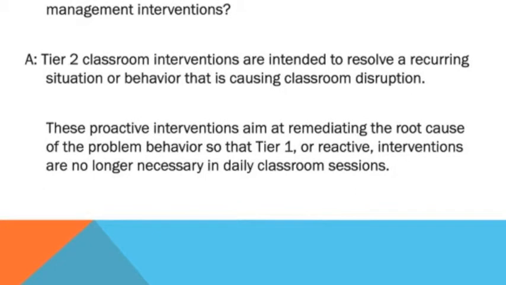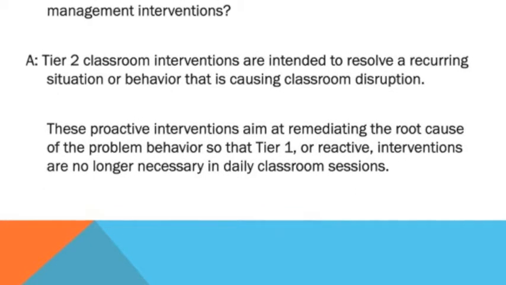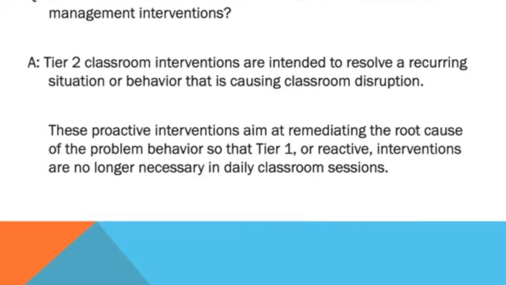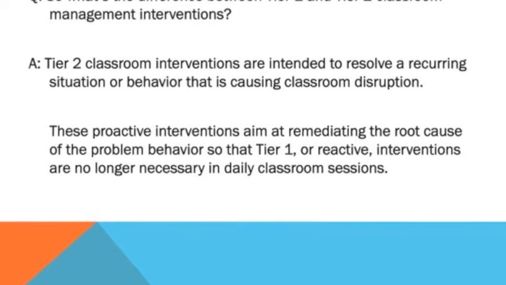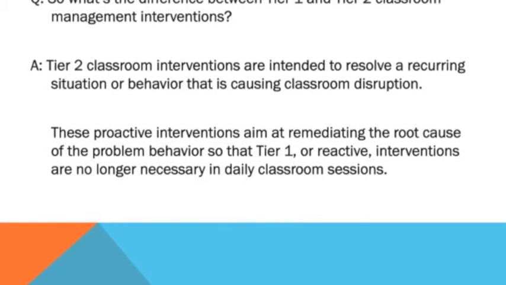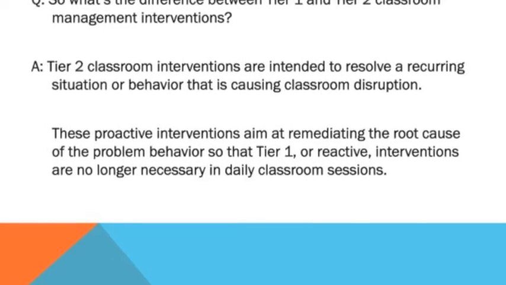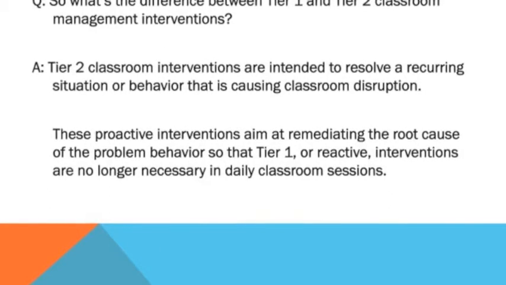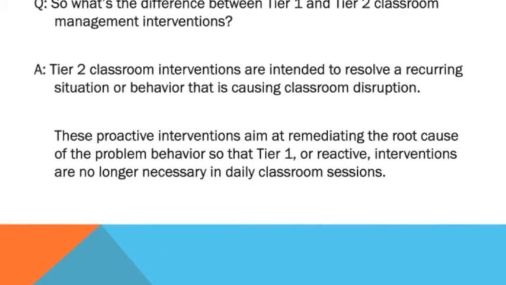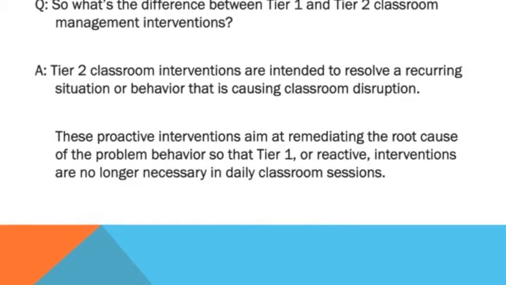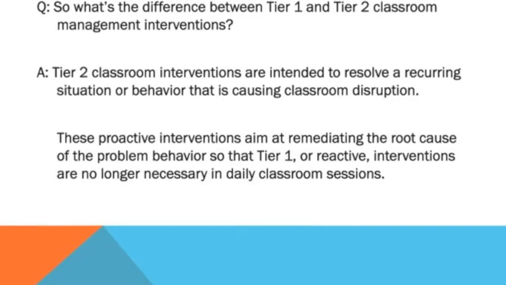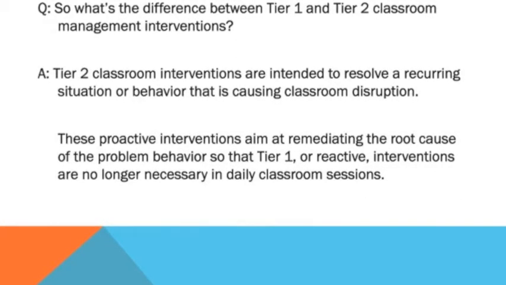So the question was, what's the difference between Tier 1 and Tier 2 classroom management interventions? Well, let's clarify. The answer would be that a Tier 2 classroom intervention is intended to resolve a recurring situation or behavior that's been causing classroom disruption. These are to be proactive, meaning we're thinking ahead. Interventions that aim at remediating the root cause of the problem so that that Tier 1 or reactive intervention is no longer necessary.